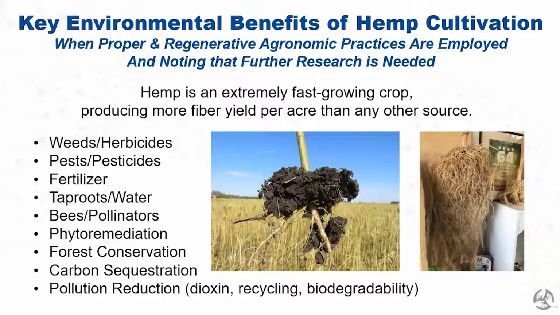And there are other ways that you can even harvest the crop that also replenishes those nutrients as well. Now, taproots, very deep taproots. I want you to look at those roots, guys, and what that means for being able to break up the soil and also to be able to reach into other areas of water that other crops cannot reach because they don't have those deep taproots.